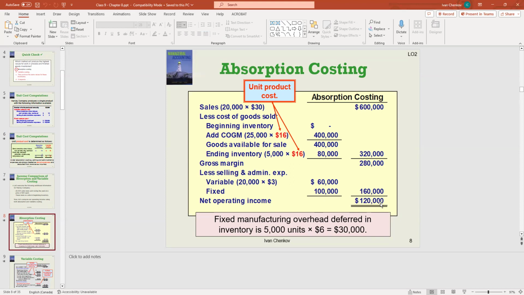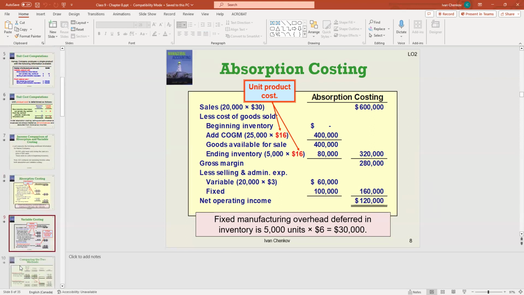Now, having in mind that this system holds $30,000 more in inventory compared to variable costing, naturally we should expect the net operating income under variable costing to differ by $30,000. Where does the $30,000 go? It goes under period cost.